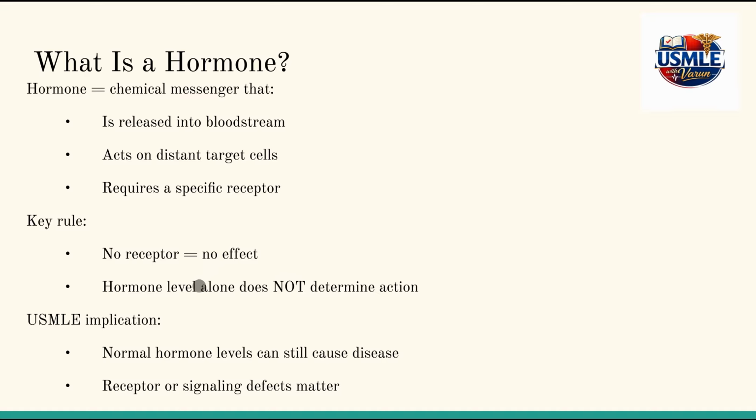This means that the presence of a hormone alone does not guarantee an effect. If the hormone receptor is missing or if the receptor is defective, the hormone will not work. So this idea explains why there are many endocrine diseases where hormone levels might be normal, but symptoms are still present.